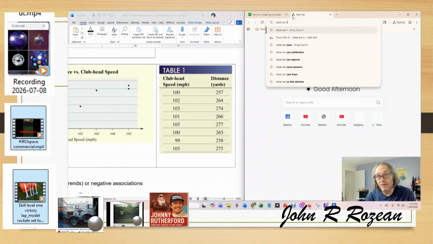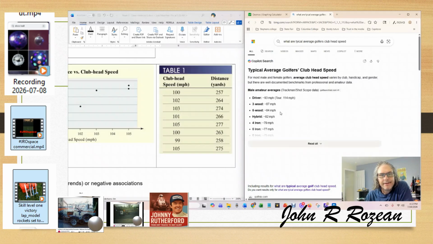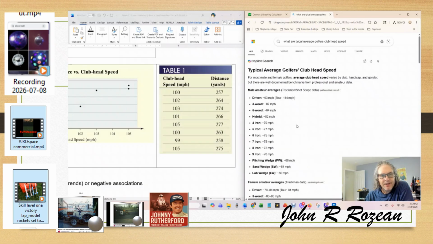Our typical average golfers' club head... I was just asking, hey, we've got plenty of resources here. Where are the club head speeds in miles per hour?